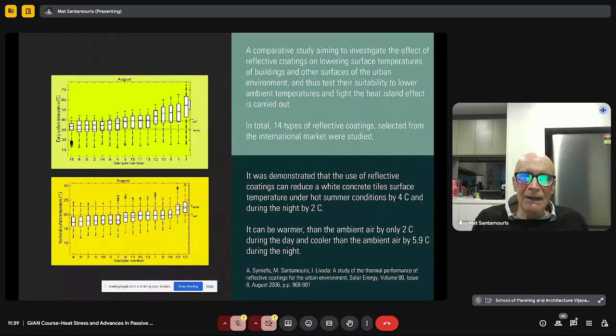So a material that has a very high absorbance has a very low reflectance, and a material that has a very high reflectance has a very low absorbance. So a material that has very low emissivity has very low absorbance, and this means that it has very high reflectance.